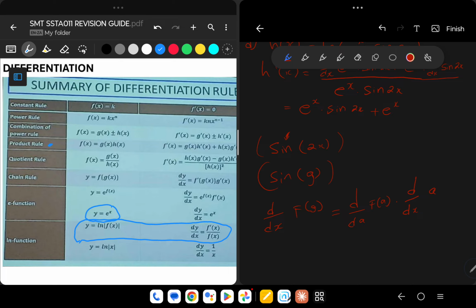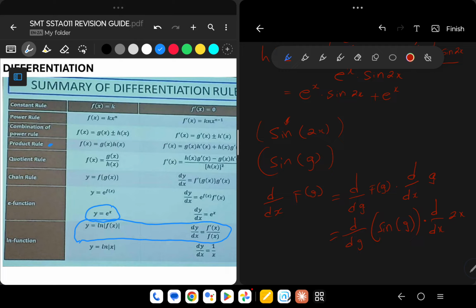So what we have here is just going to be d/dg of sine at g, multiplying by d/dx of g. Remember, what is the g? The g is just 2x, right?